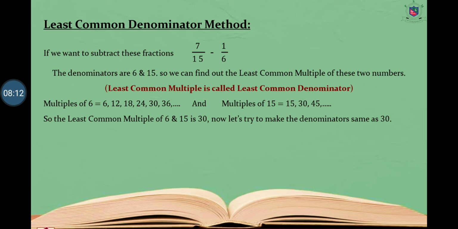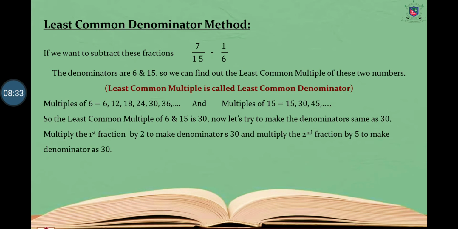My dear students, you can find out the LCM by using the prime numbers as well. So, as we are getting the LCM as 30, it means we need to make the denominator 30. Dear students, the denominator of the first fraction is 15.